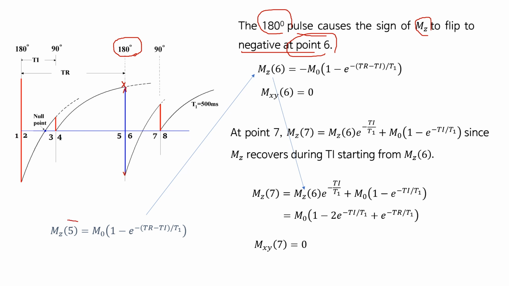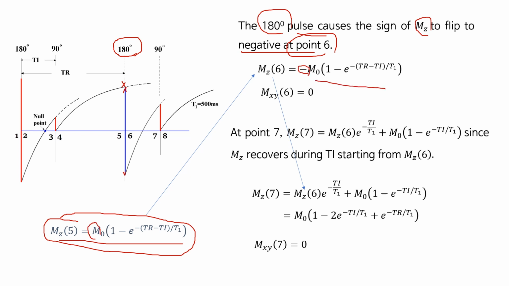So we know the Mz5. We previously obtained the expression of Mz5, and this will become negative, right? So that's negative, yeah. And the transverse magnetization is still 0.